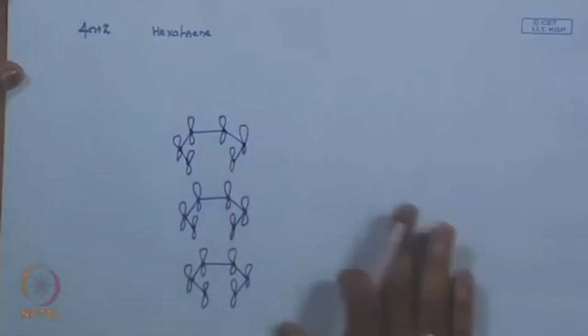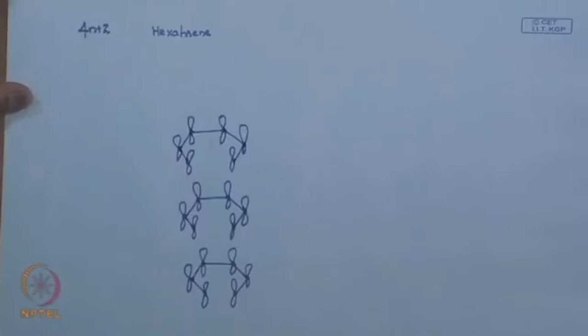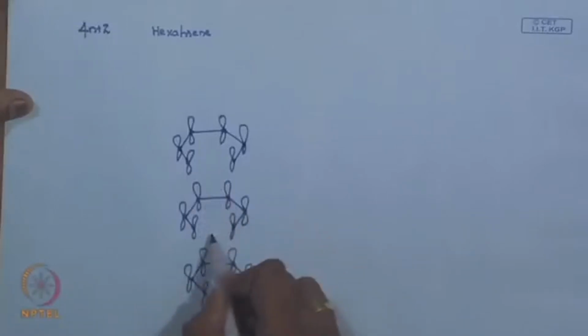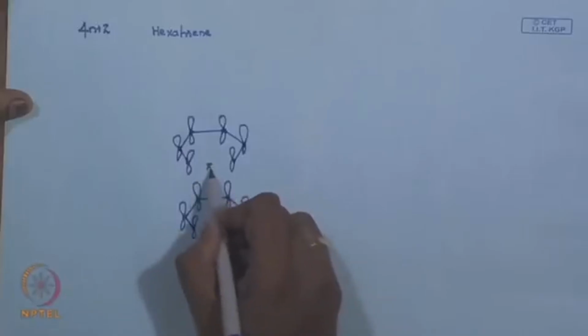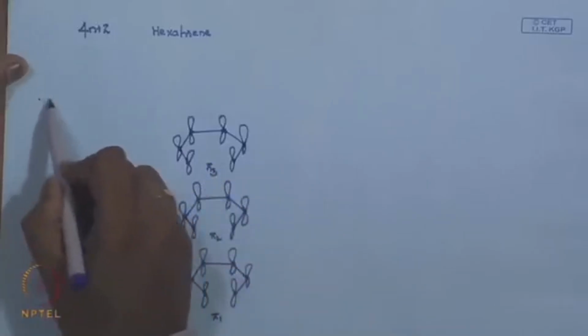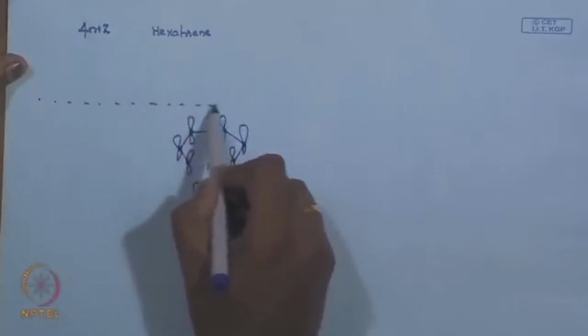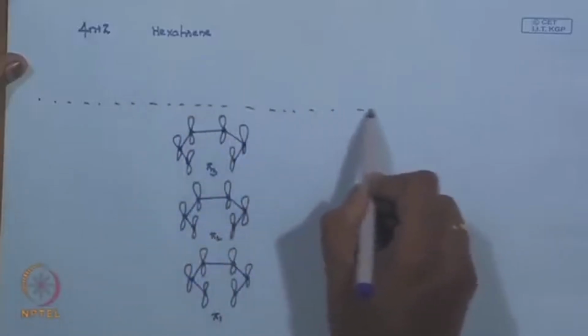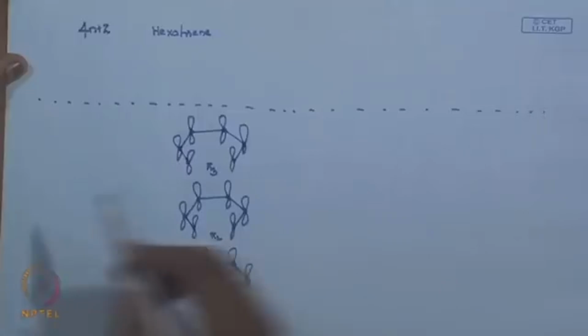So, this will be your bonding orbital, right. That is we call them pi 1, pi 2 and pi 3. So, these 3 will be your bonding.